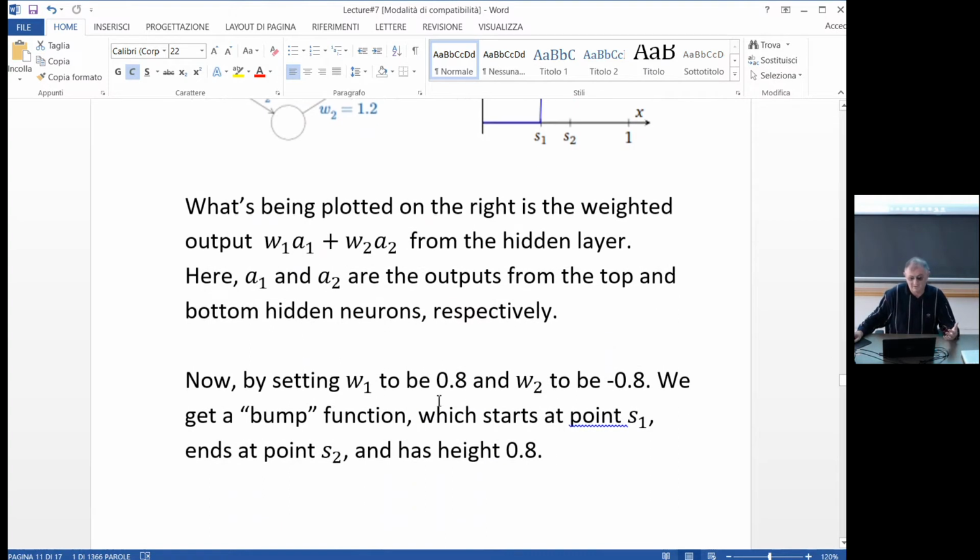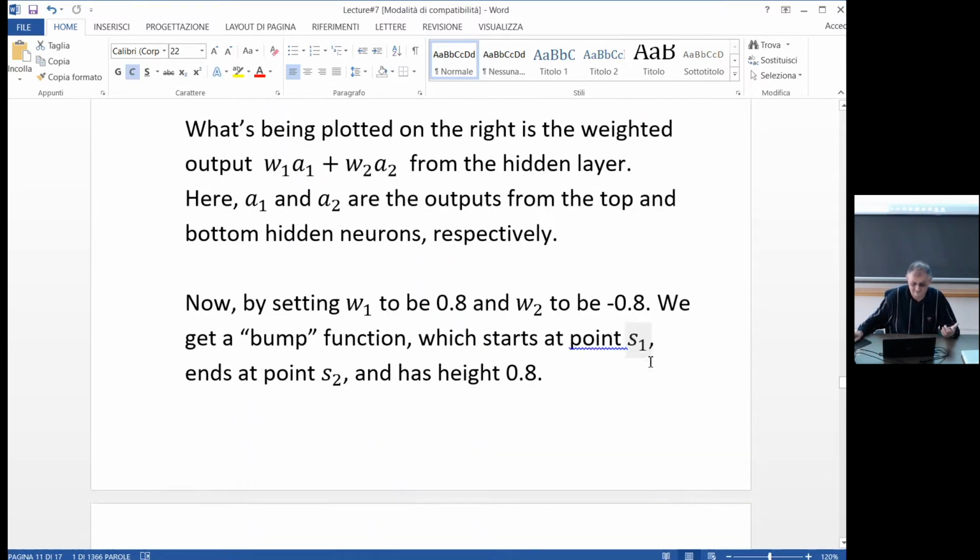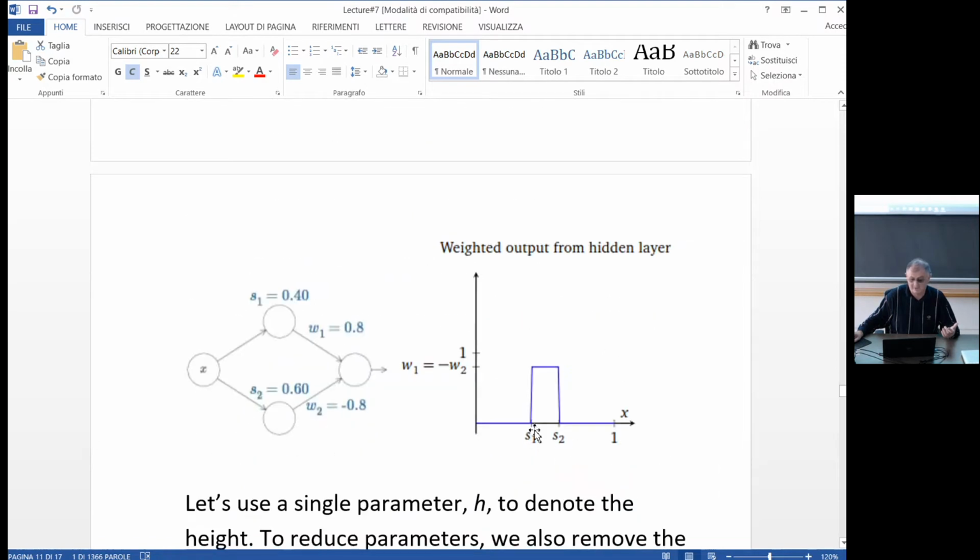So now we choose W1 equal to 0.8 and W2 equal to minus 0.8. What happened? We have some bump function. So we have constructed our elementary rectangle.